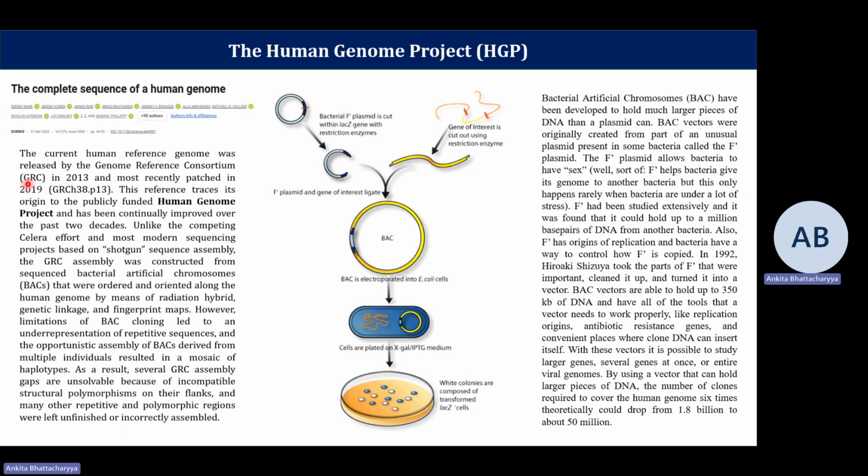So you clone your sequence of interest, let us call it the GOI, which you cut using a set of restriction enzymes that should be compatible with the vector as well. Now, the bacterial F prime plasmid with the lacZ gene is cut with restriction enzymes and then cloned, and the covalently closed construct can then be electroporated into E. coli cells and plated onto X-gal IPTG medium.